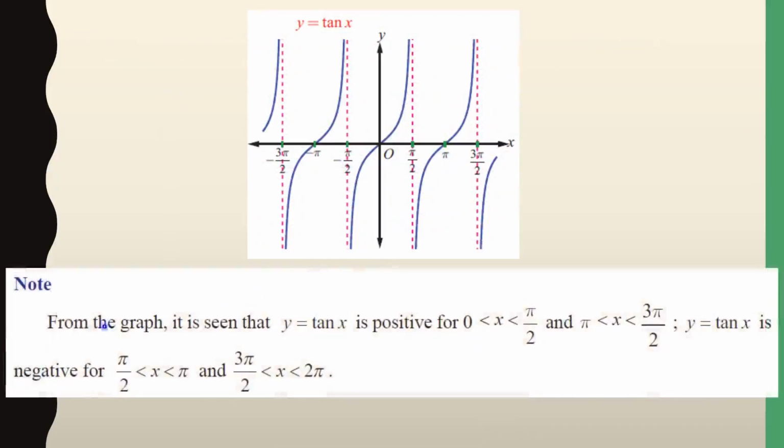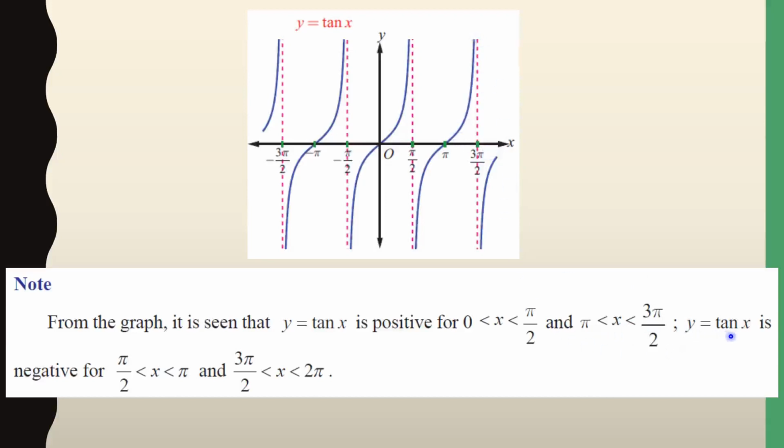See this note. From the graph, it is seen that y equal to tan x is positive for 0 less than x less than pi by 2. That is, when the x value is from 0 to pi by 2, the curve is on the positive side of y values, so at that time it is positive. Similarly, for pi to 3 pi by 2, the y value is also positive.